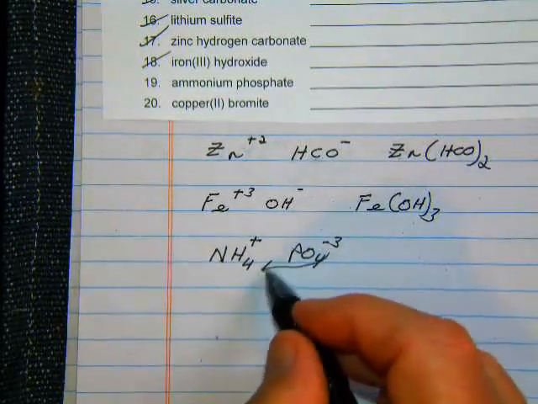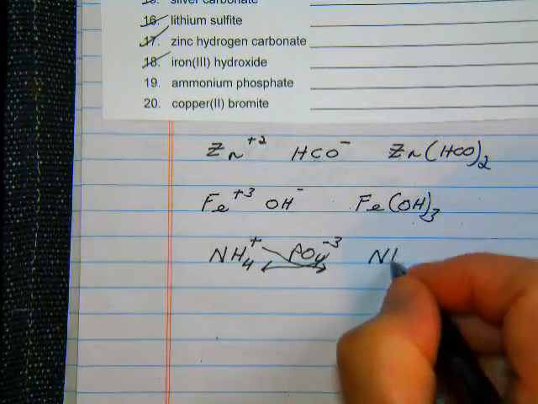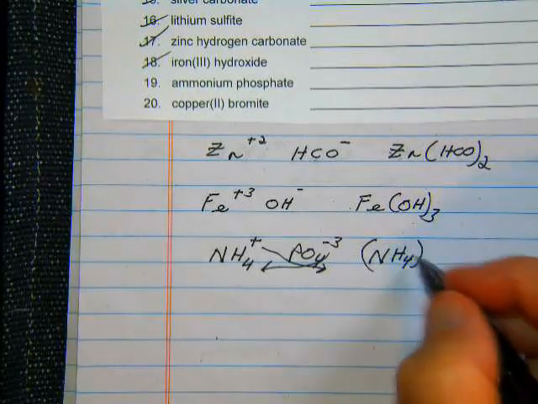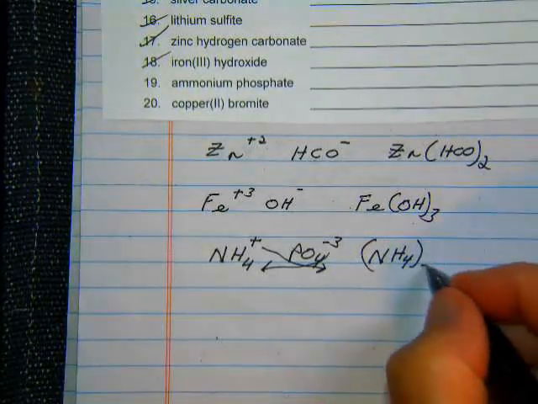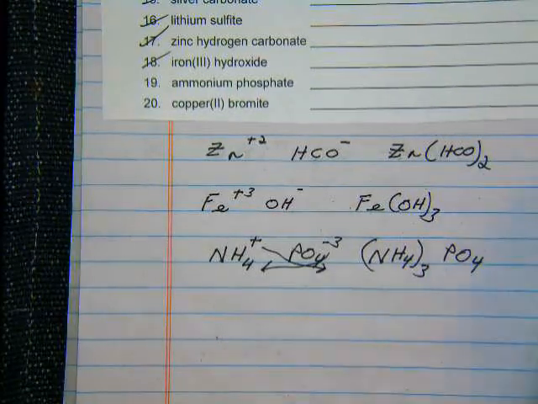So we could play the same rules here. So ammonium, NH4, and the same rule holds. If there's more than one of a polyatomic ion, put it in parentheses, and then PO4. So we got ammonium phosphate.